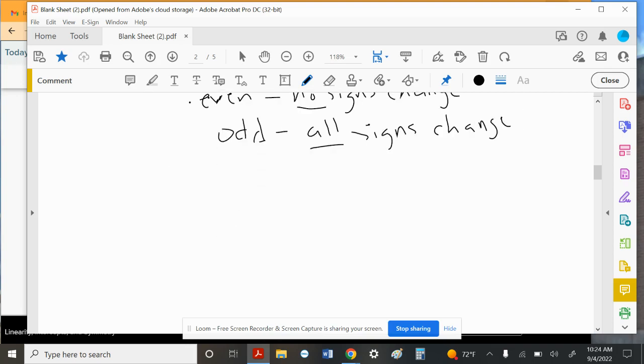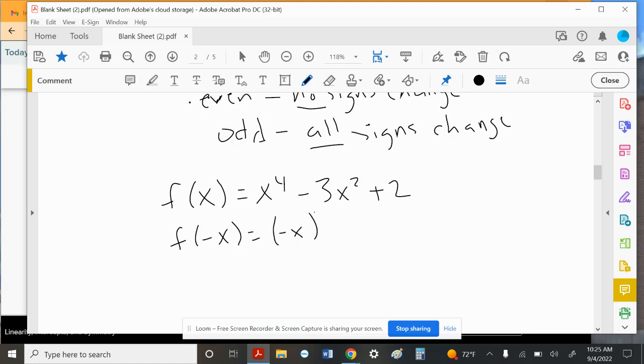So let's say that I have f of x equals x to the fourth minus 3x squared plus 2. And I plug in a negative x. Then I have negative x to the fourth minus 3 times negative x to the second plus 2.